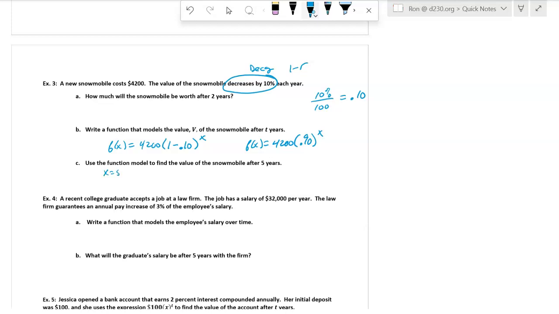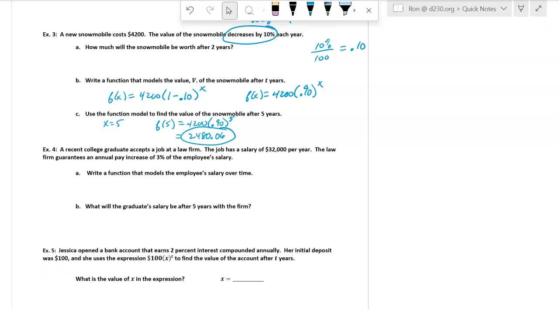I'm going to let x equals 5. So f of 5 equals 4,200 times 0.90 to the 5th power. And if I plug that in the calculator, right away I would get a value of $2,480.06.